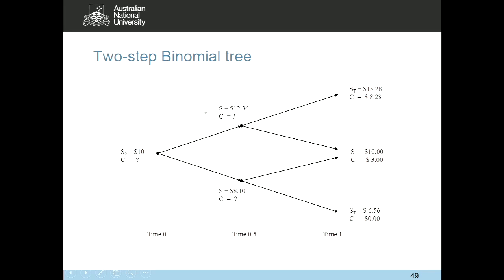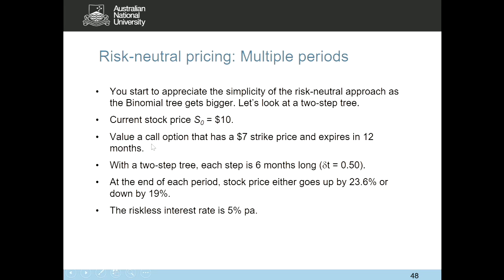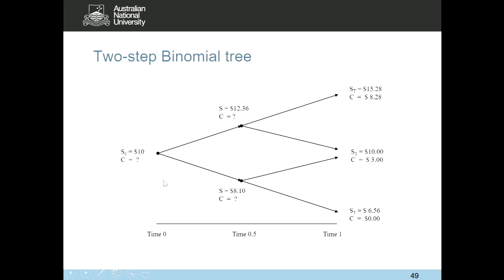And we take this share price, $12.36, multiplied by the proportional decrease, 0.81, right? The way we get 0.81 is 1 minus 19%, and we get a share price of $10. Then you repeat the same process for the lower half branch, so you will get a complete tree.